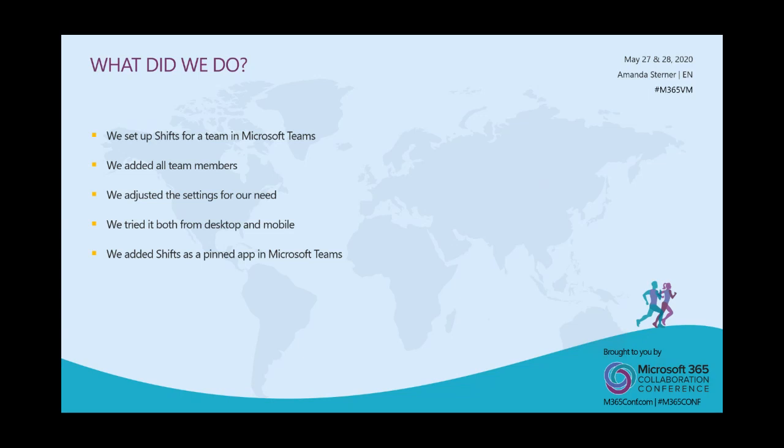And then I showed you how it looks both in desktop and in mobile. I showed you how it looks for the team owner that approves and declines the requests, and I also showed you from a team member. And as you could see, it was a little bit better on your cell phone, but more about that soon.